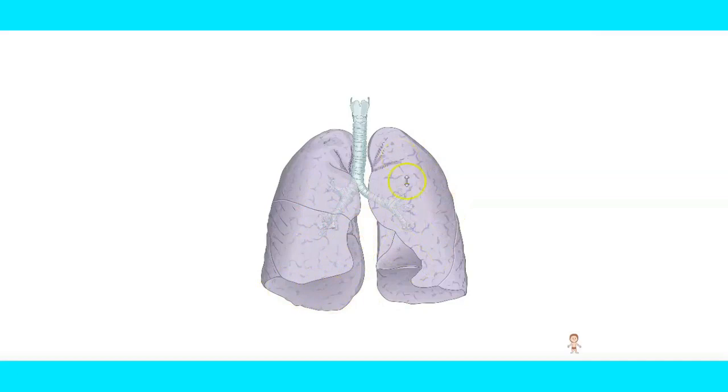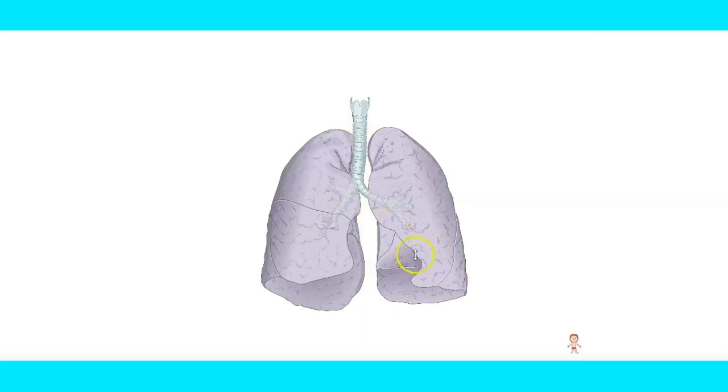Same applies to the left lung. But if you notice, the anterior border of the left lung has more of an indentation. Unlike the right side, which is somewhat straight, the left side has an indentation.